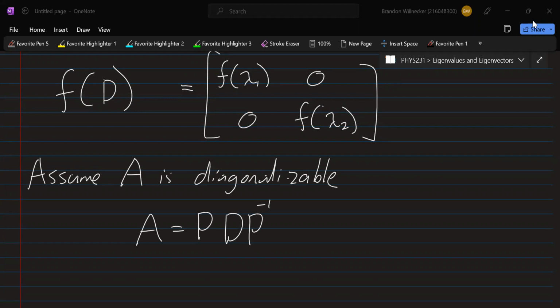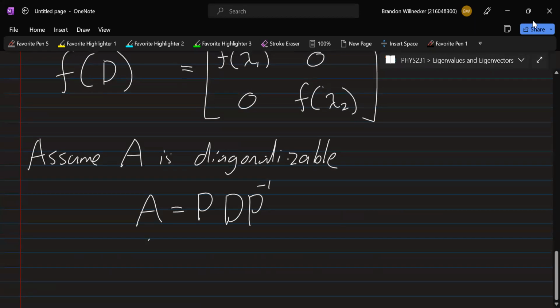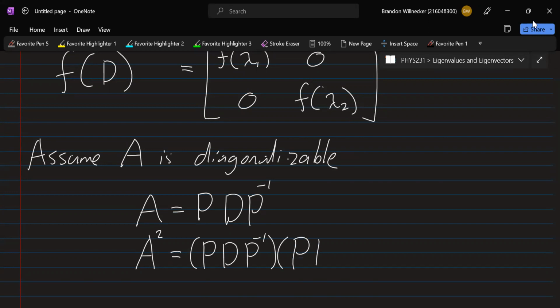Let's start off with A squared, just as an introduction. Now on the right-hand side, we need to square that. But with matrix multiplication, that's very easy because we just write that expression down twice. So it's going to be PDP inverse times itself, so PDP inverse.